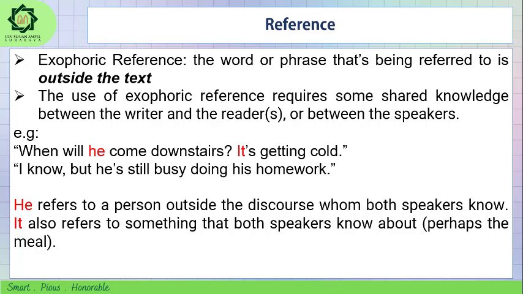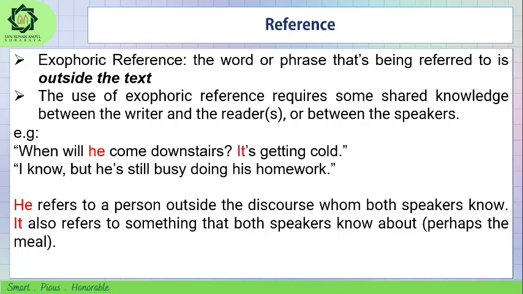For example, when will he come downstairs? It's getting cold. I know, but he's still busy doing his homework. So he refers to a person outside the discourse whom both speakers know. So both speakers in this example have to know which person they are talking about.